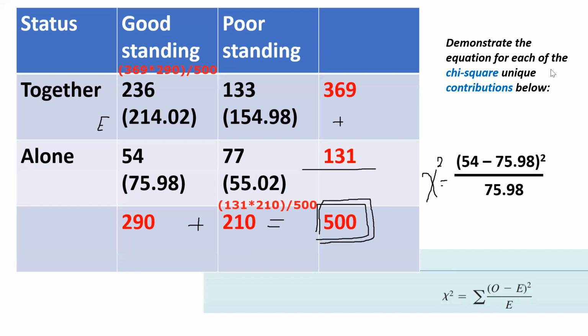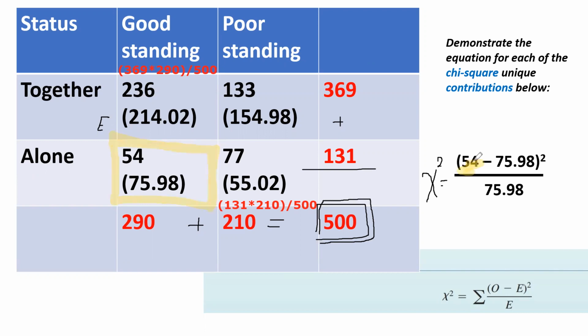Demonstrate the equation for each of the chi-square unique contributions, right? Now, in order to get the chi-square from this, we would essentially have to get the chi-square contribution for each of these cells. These numbers right here are referring to, I'm sure you guys can see it, but I just want to make sure it's clear, this cell.